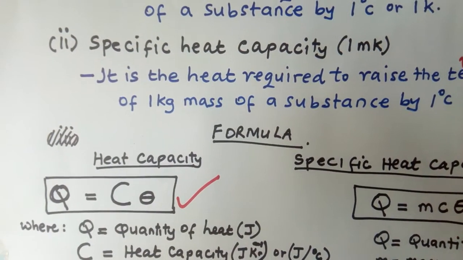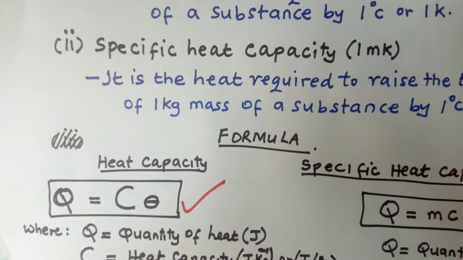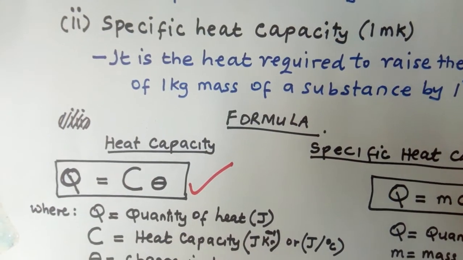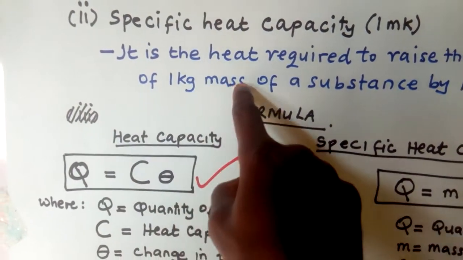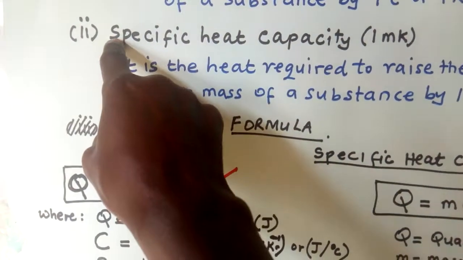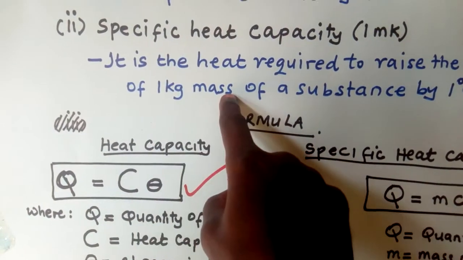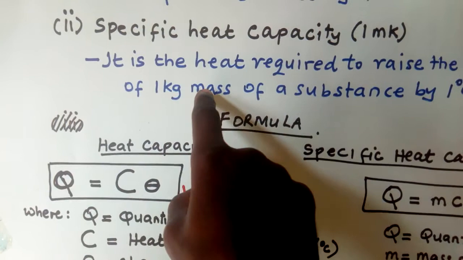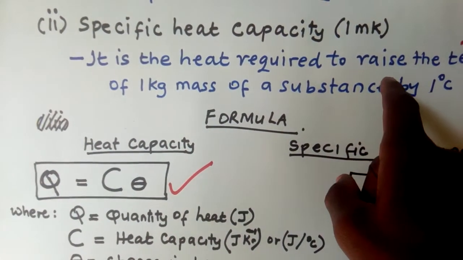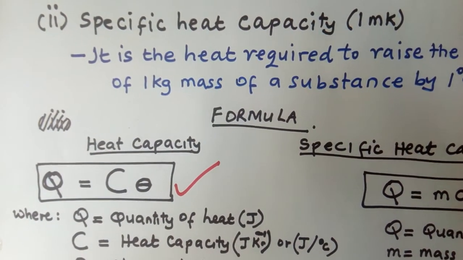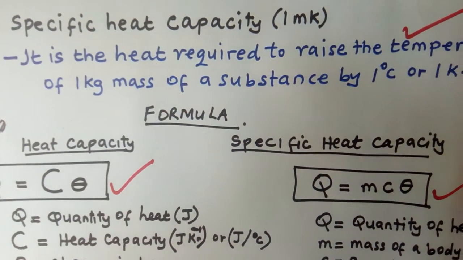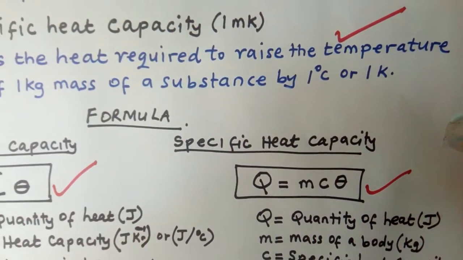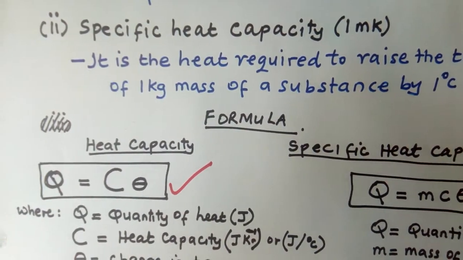Now you realize that the definition of specific capacity is the same as heat capacity. The only difference here is you have to mention 1 kilogram mass. To be very specific, the mass of the body must be mentioned as 1 kilogram mass. The rest of the words remain the same. So we shall say specific capacity is the heat required to raise the temperature of a substance, but the mass must be mentioned.